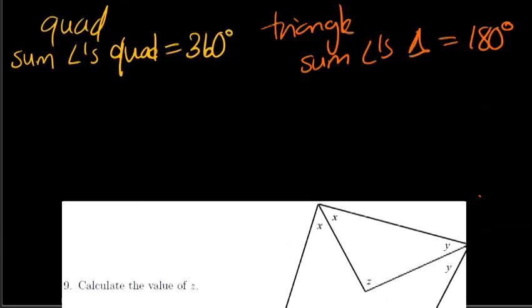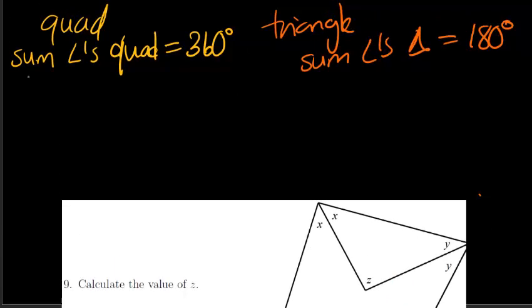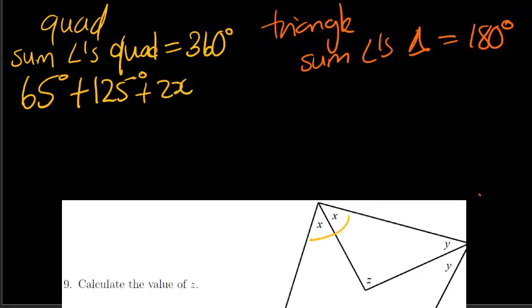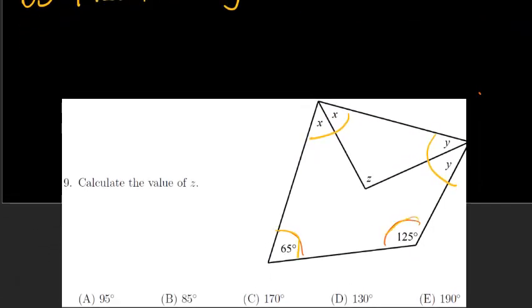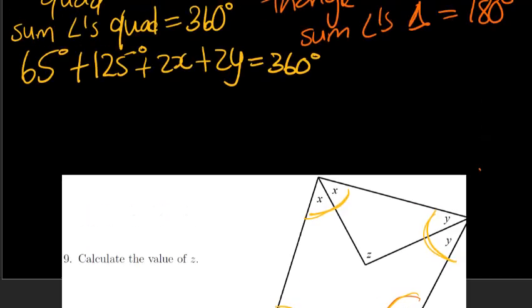So let's put that there. I got 65 plus 125. Then I've got 2x. And I've got 2y. And all of those is equal to 360 degrees when added together. The sum of all four angles must equal 360 degrees because it's a quadrilateral.